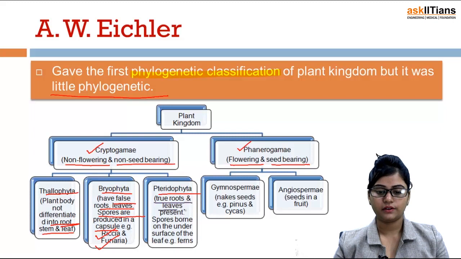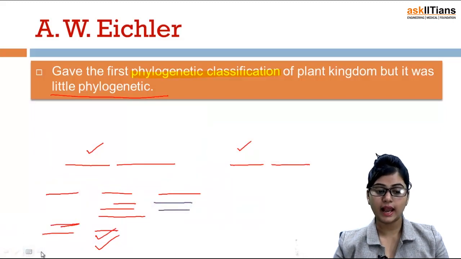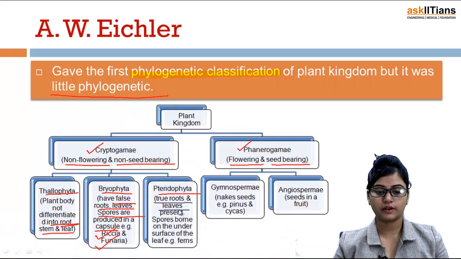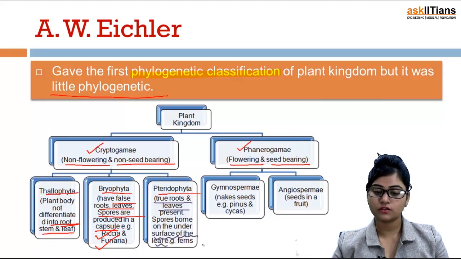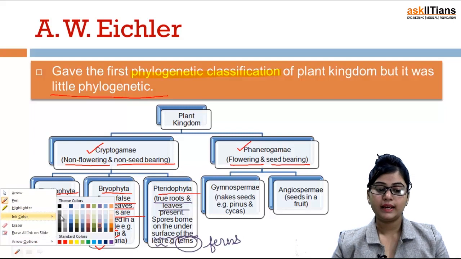You can see here, true roots and leaves are present, and spores are borne on the under surface of the leaf, for example, ferns.